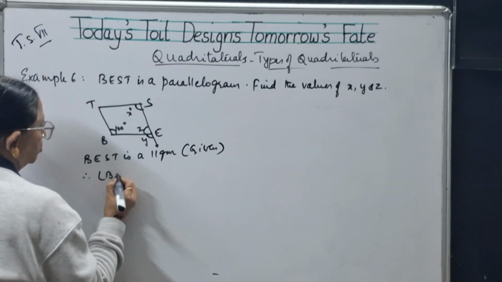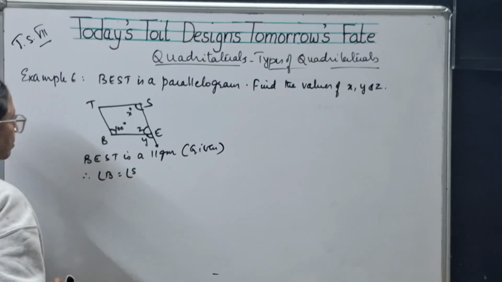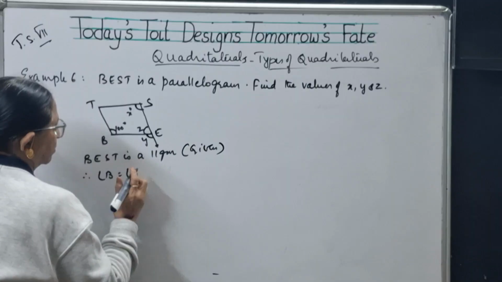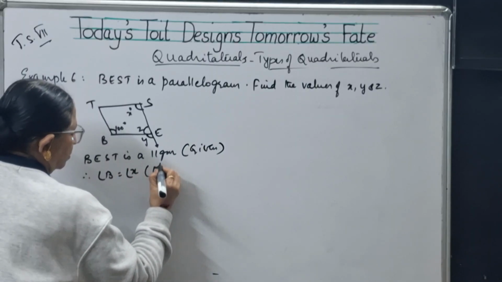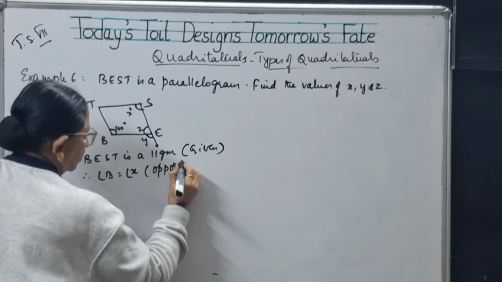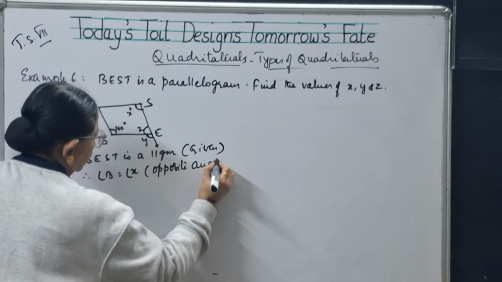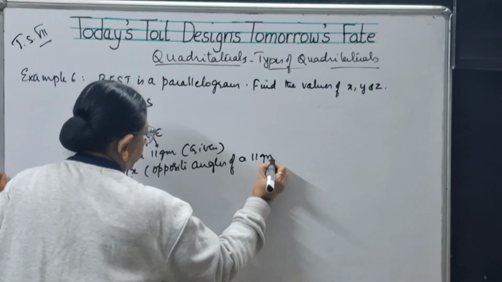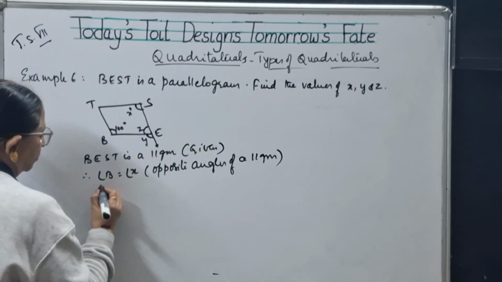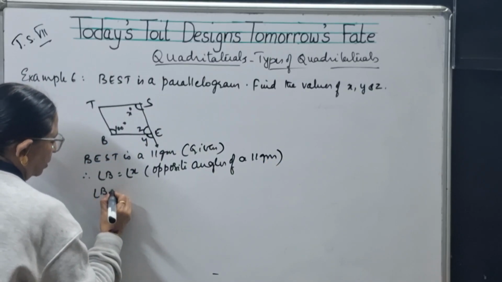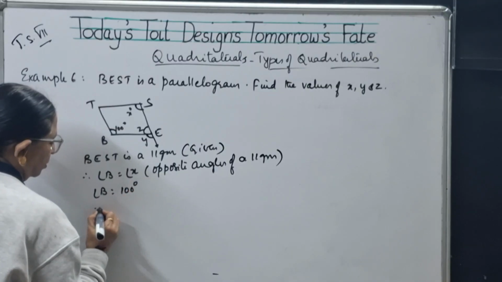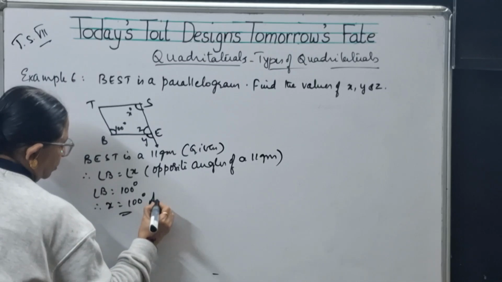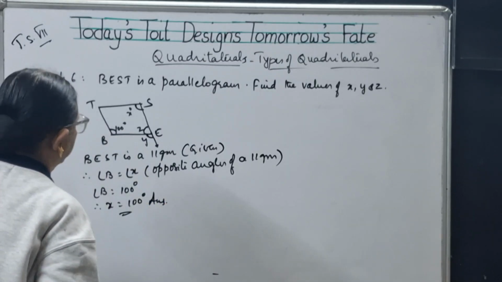Therefore, angle B is equal to angle S. That means angle S I can write as X. These are opposite angles of a parallelogram. Always they are equal. And we know that angle B is equal to 100 degrees. Therefore, X is equal to 100 degrees. So, this is one answer we have got.